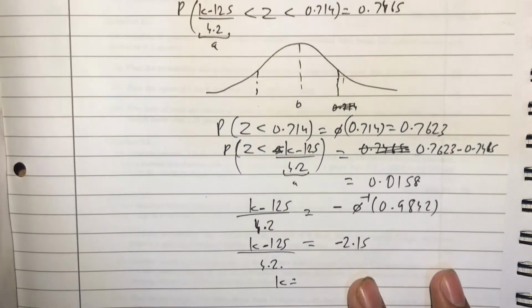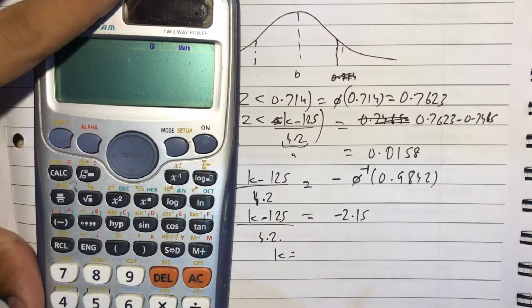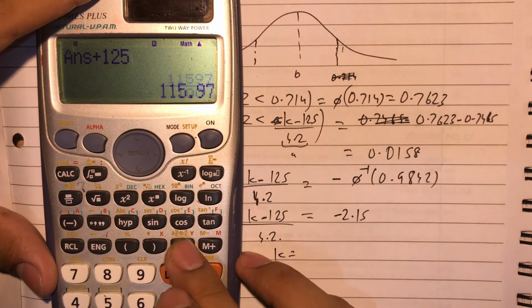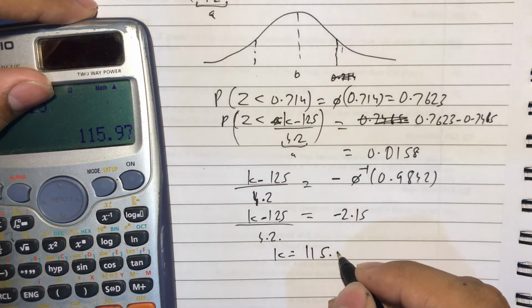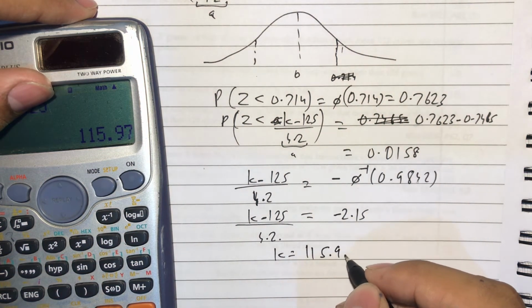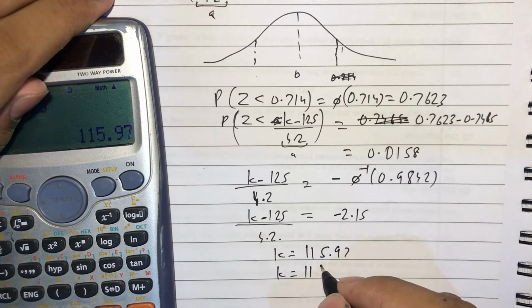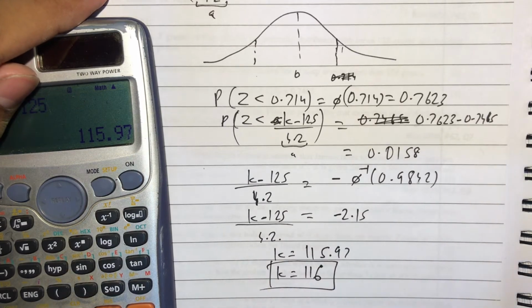So k equals negative 2.15 times 4.2 plus 125, which is 115.97. So k equals 116. That is the second part.